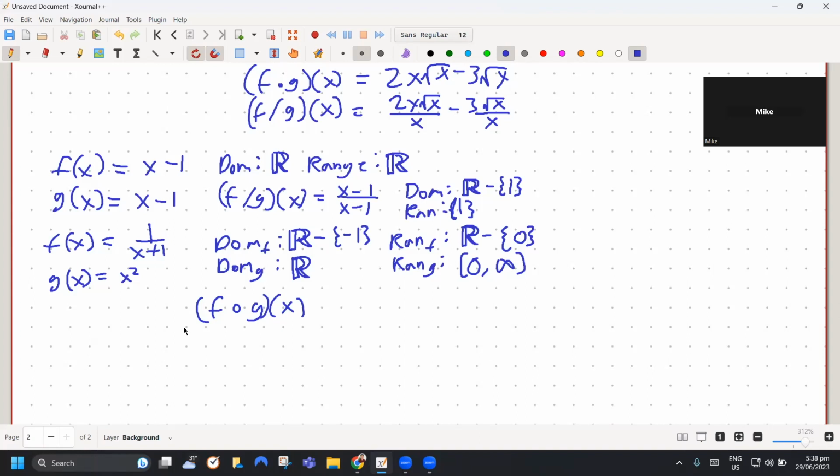Ngayon, yung 0 to infinity, ililipat yan sa domain ng F. Pasok naman, lahat yan nasa loob ng domain ng F. So, yung values na makukuha natin will be mapped to some subset or the whole set of the range of F, which you have to determine. Lahat ng value ng range ng G nasa loob ng domain ng F. So yung composite function is defined for the whole domain of G.